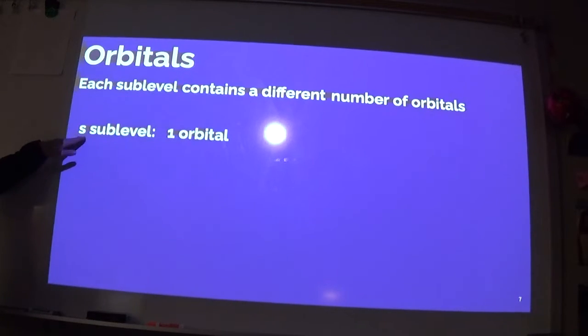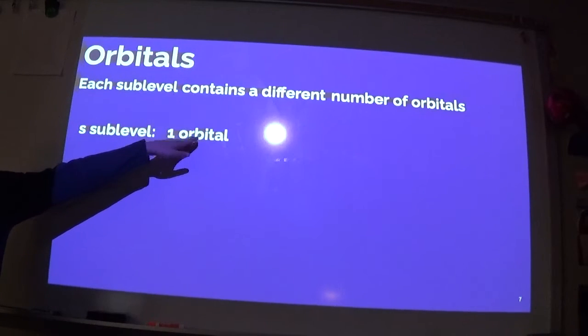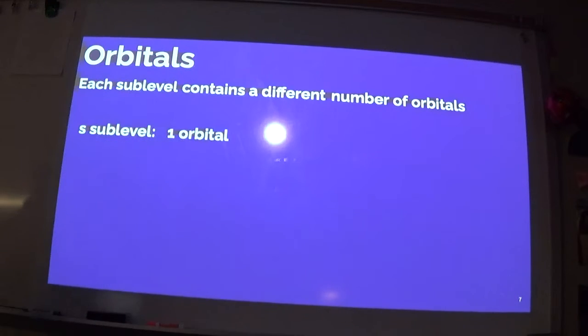If there's an S subshell, you get one orbital in that subshell. If I have a P subshell, I get 3 orbitals. So 3 metaphorical hotel rooms where electrons can spend their time.